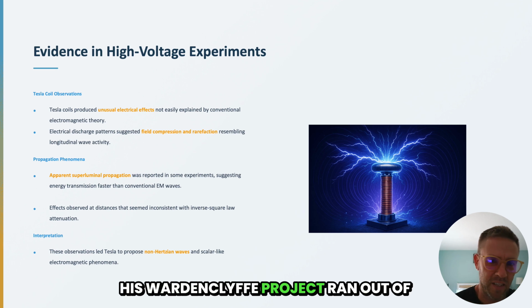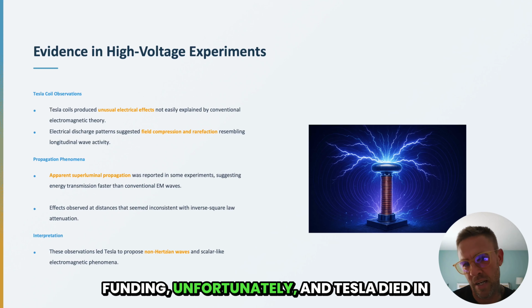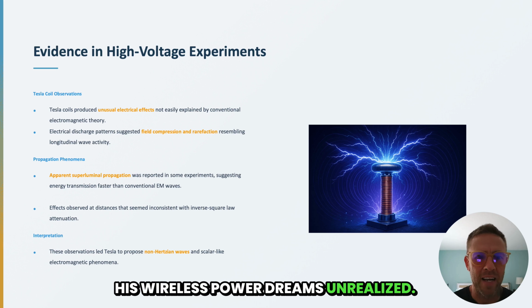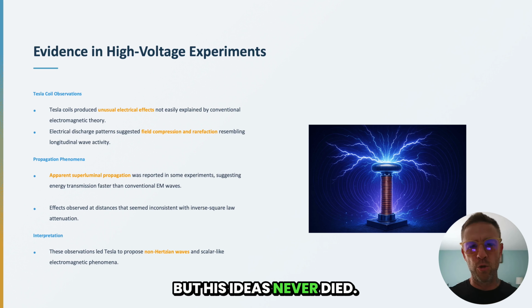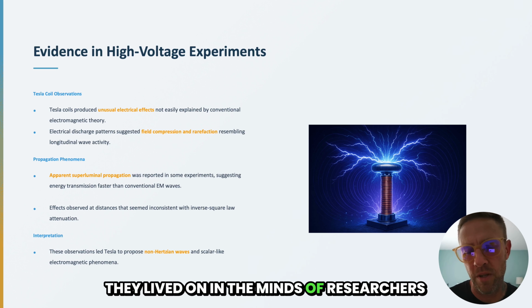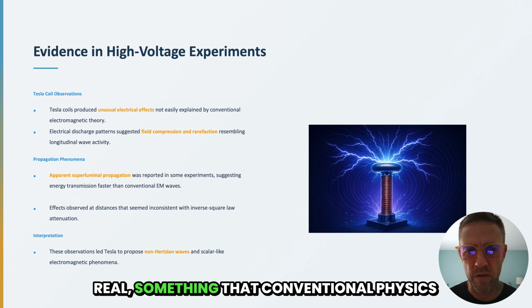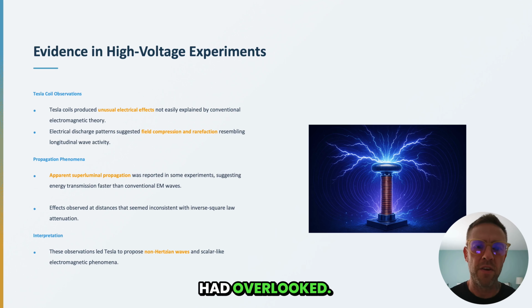His Wardenclyffe project ran out of funding, unfortunately, and Tesla died in relative obscurity in 1943, his wireless power dreams unrealized. But his ideas never died. They lived on in the minds of researchers who believed Tesla had discovered something real, something that conventional physics had overlooked.